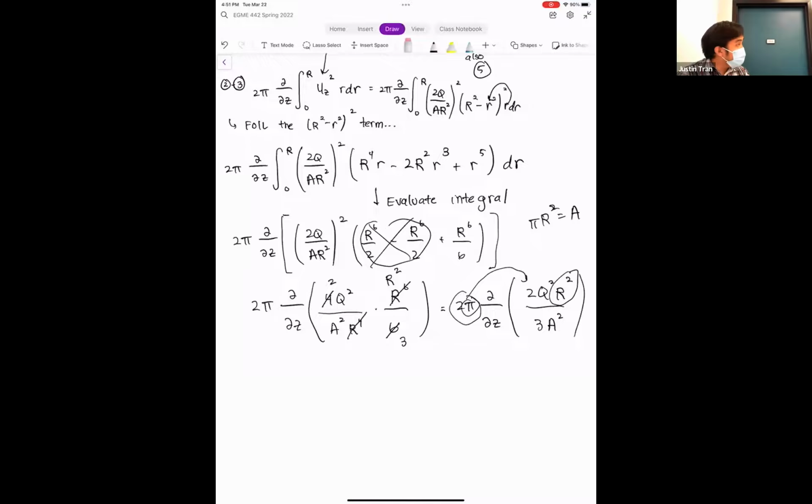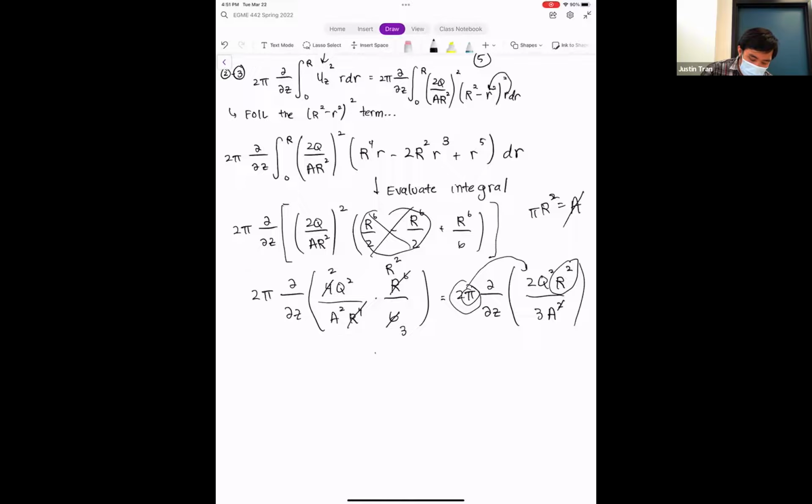Since we have an area on top, that's going to cancel out with one of the areas on the bottom. Of course, we can bring the 2 inside as well. The result of this, finally, is partial z of 4q squared divided by 3a.